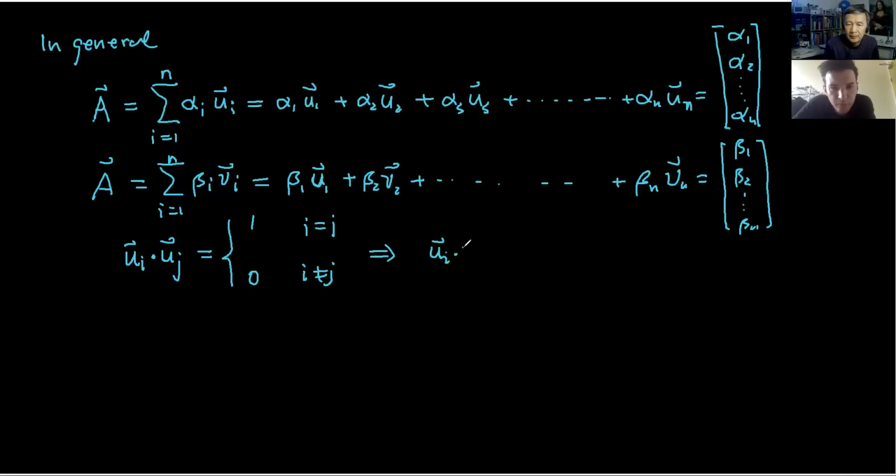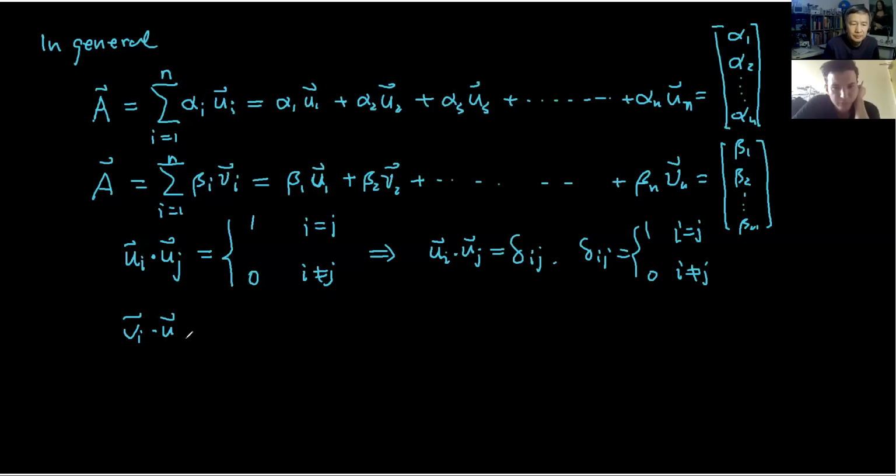So ui dot uj equals delta ij, which is 1 if i equals j, and 0 if i is not equal to j. Similarly, this is another set of bases: vi dot product vj equals delta ij, equal to 1 or 0 depending on whether i equals j or not.